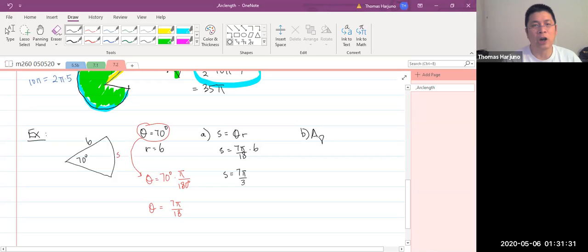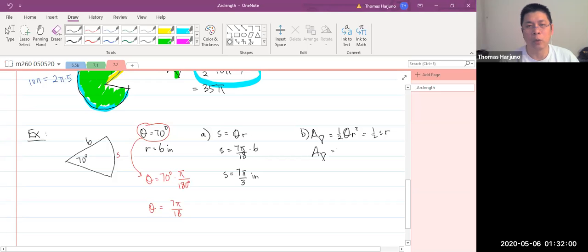So let's say the r is actually in inches. Let r be in inches, then the arc length will be in inches also. Okay. How about the sector area? The sector area will be 1/2 theta r squared. Or if you want to use part A, you can also use 1/2 S times R. Okay, either one.